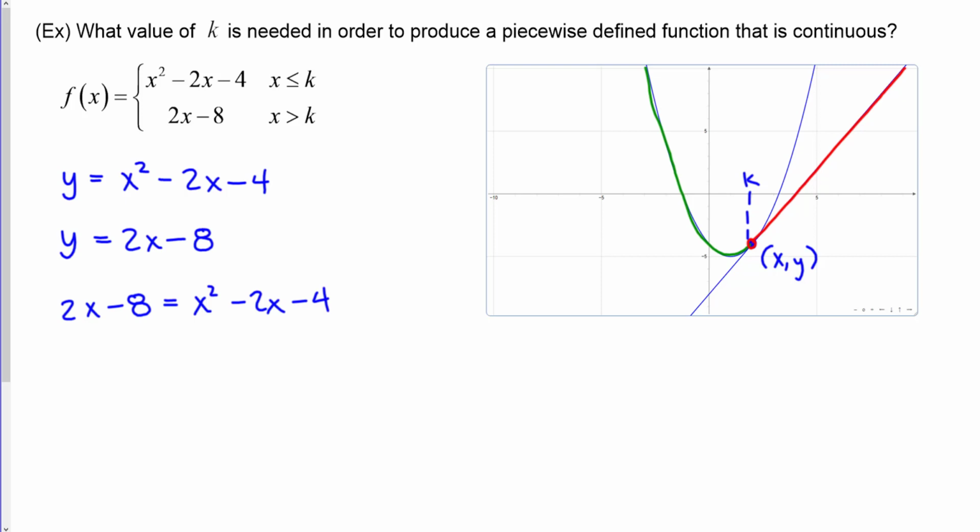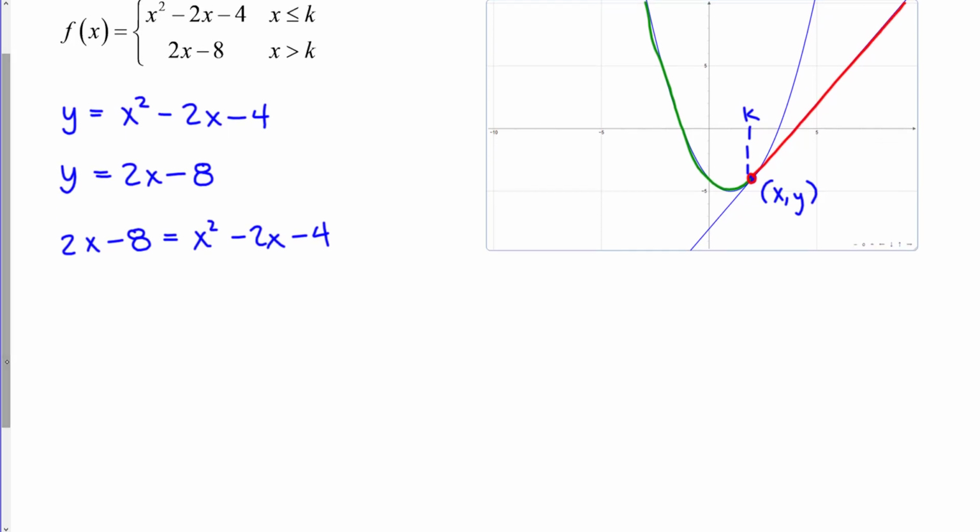And if you set two functions equal to one another in this way, you can always determine where they're intersecting. So let's do a little bit of algebra. I will first off subtract 2x from both sides, and then that will cancel these out, and minus 4x here.